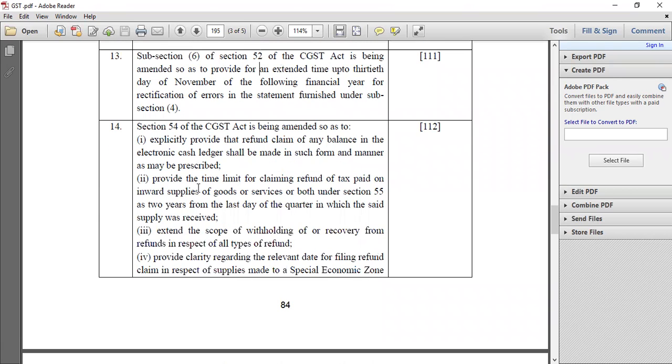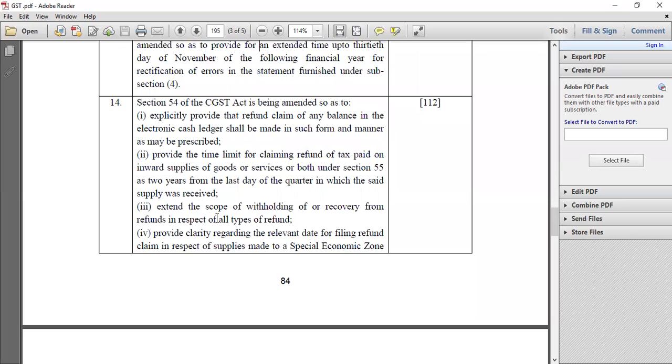Then comes amendment of Section 54 of CGST Act. Section 54 of CGST Act relates to refund. Some changes have been introduced in this section.